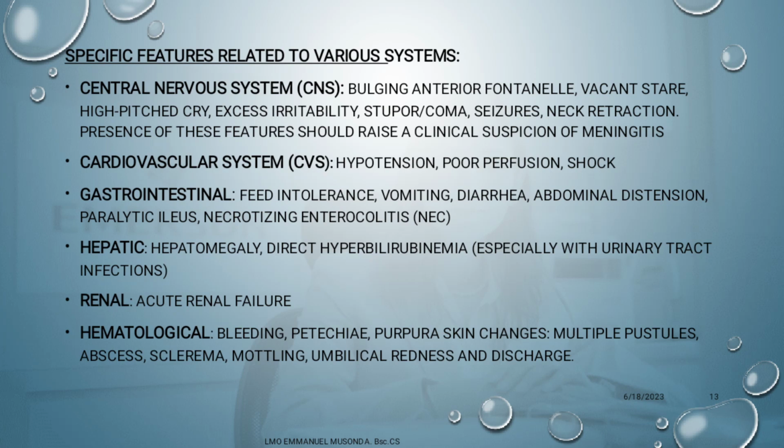Then under the hepatic system, we can have hepatomegaly, direct hyperbilirubinemia, especially with urinary tract infections. In the renal, we can have acute renal failure. In the hematological, we can have bleeding, petechiae, purpura, skin changes, multiple pustules, abscess, sclerema, and omphalitis with umbilical redness and discharge. These are some of the specific features.